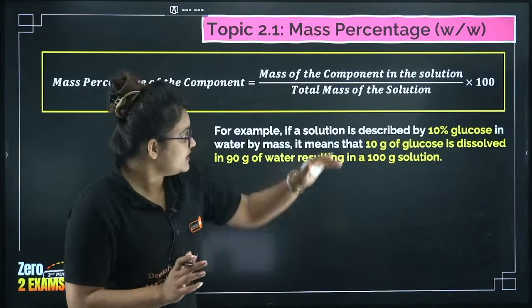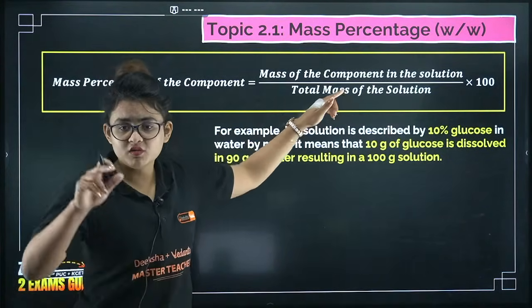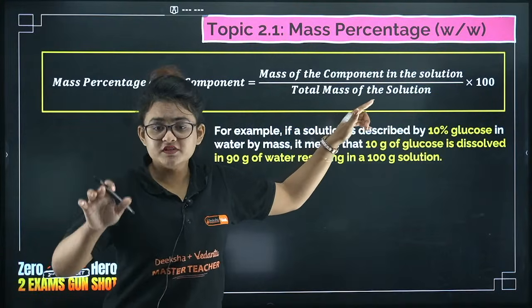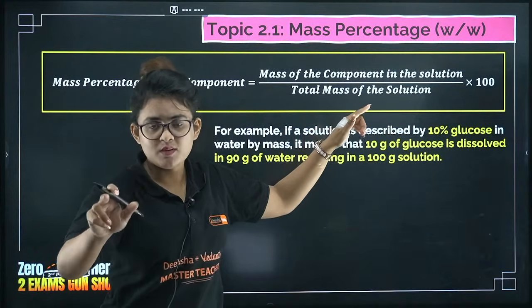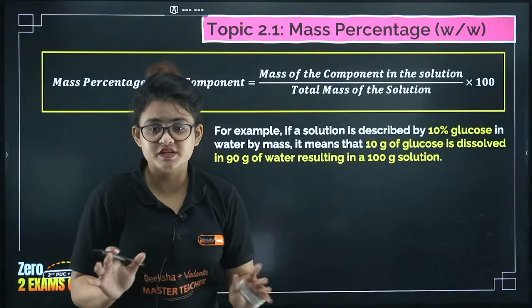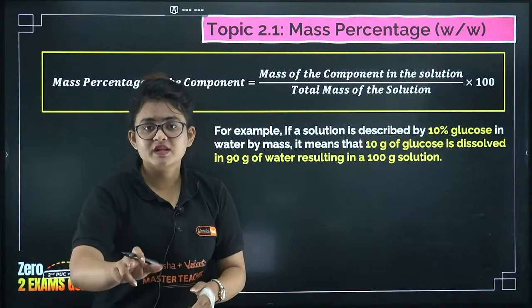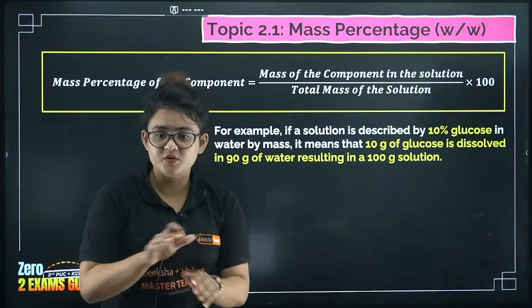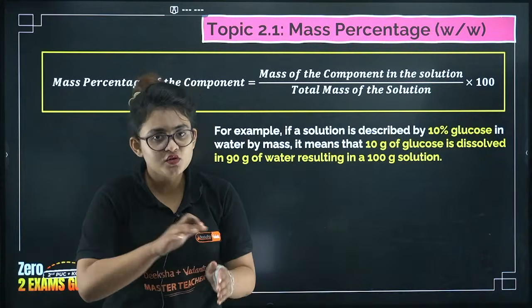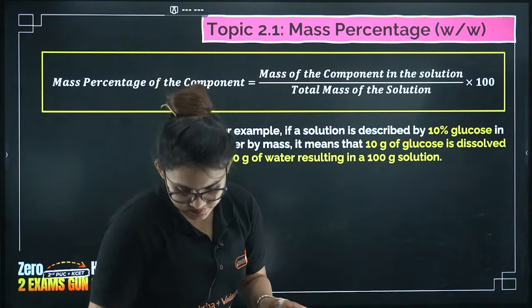Be careful about it. Here in the denominator part, you are putting the mass of the solution, not the mass of the solvent. In order to find out the mass of the solvent, you have to subtract the mass of the solute from the solution itself.